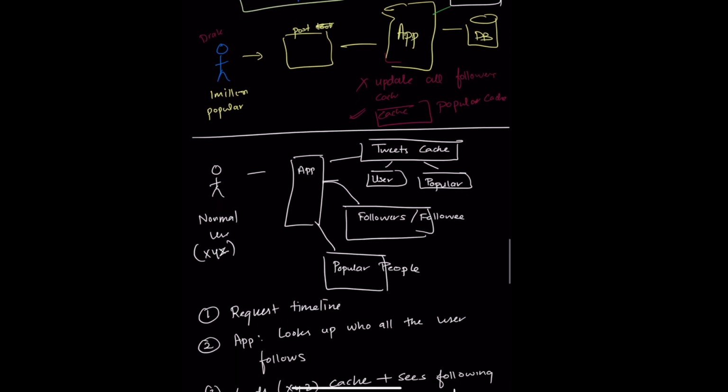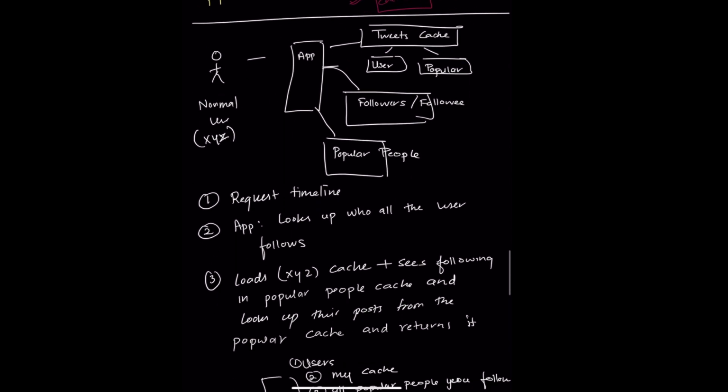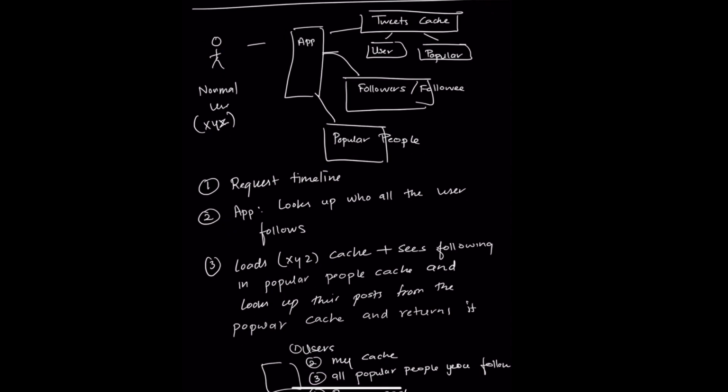And now if, say, XYZ comes and wants to load their timeline, a few things will happen. First, the user requests their timeline. The app looks up all the users that this current user XYZ follows, and then it loads the user's cache.